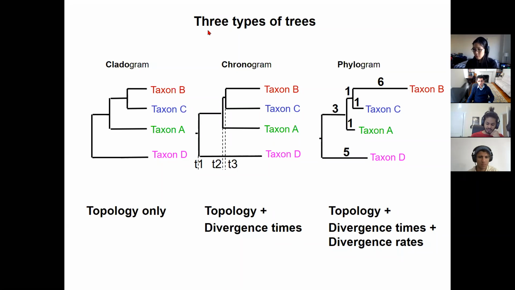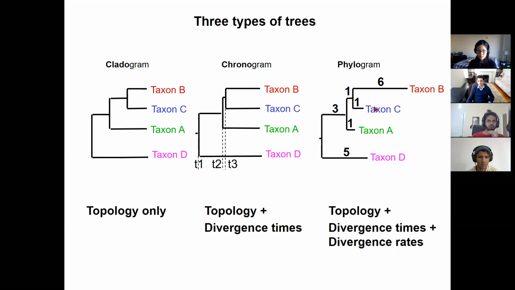We're going to be distinguishing 3 different types of trees. The cladogram is only worrying about the topology, where the specific branching points and lengths of the branches don't matter. It's just about topology. A chronogram is assuming that every species has evolved the same amount of time since the common ancestor, and is only worrying about divergence times between them, so chronological events that cut across that tree.